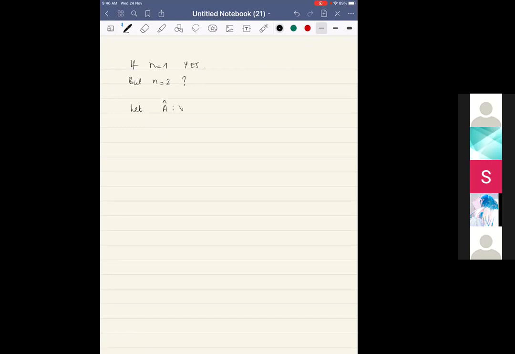So let A hat from V to V be a linear map. dim V is 2, and suppose P_A hat(T) is (T minus lambda) squared. Let us see, what can one say about A hat?